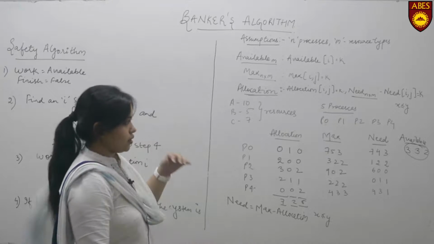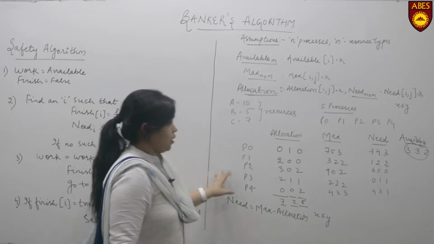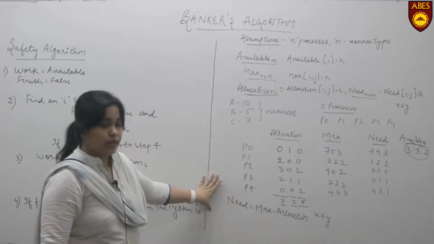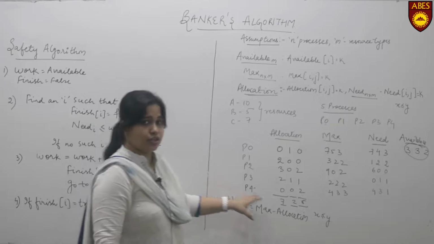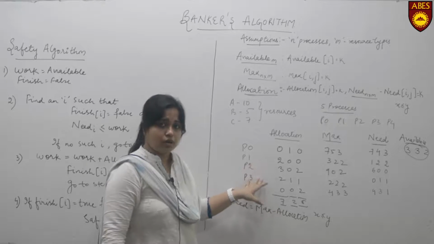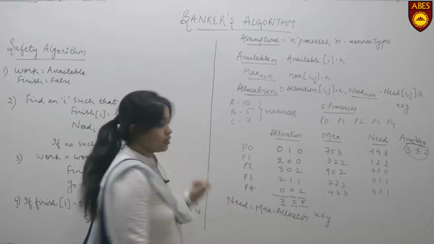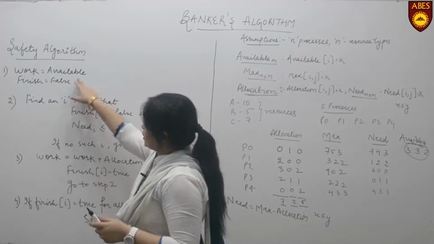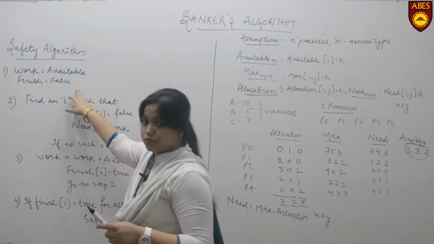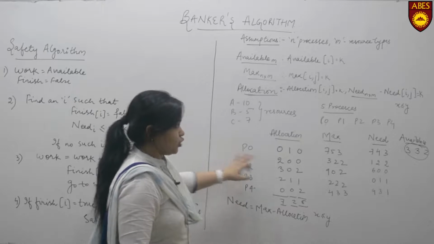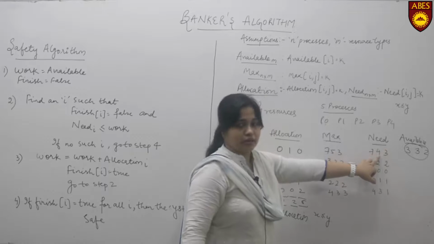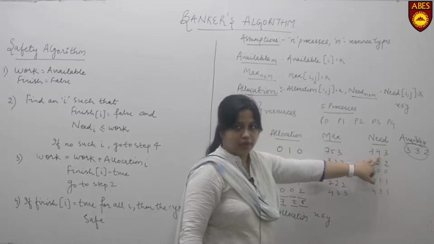According to this algorithm, we are checking whether we can serve this condition or not, or this process or not. According to the algorithm that we have, work is equal to available and finish equals false. Then we are checking that for process P0, 3 3 2 cannot serve the need of 7 4 3.